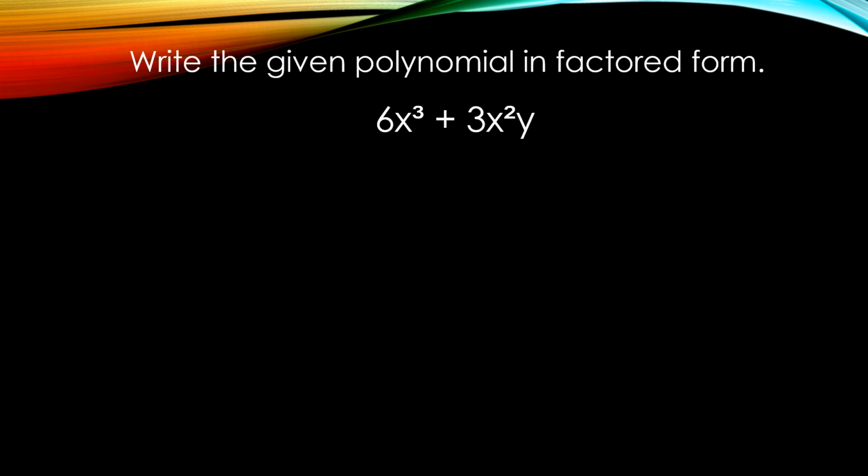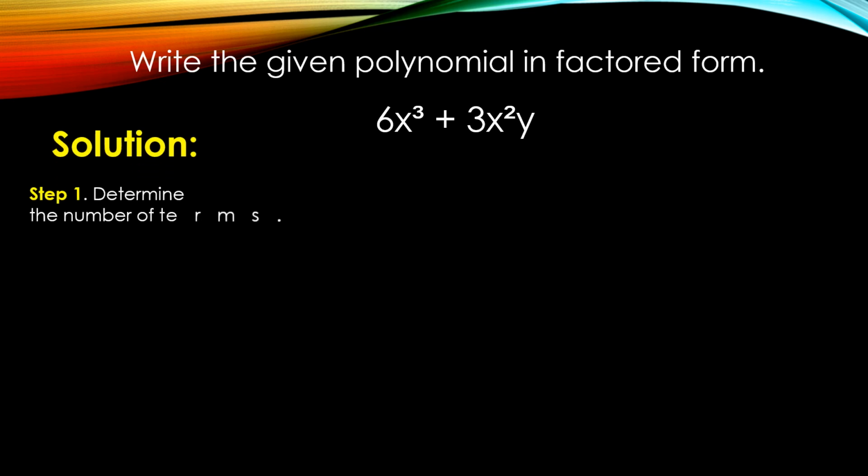A while ago, we were tasked to identify the greatest common monomial factor. Now, we are tasked to write the given polynomial in factored form. Again, we have the same polynomial, 6x cubed plus 3x squared y. Solution, step 1. Determine the number of terms.